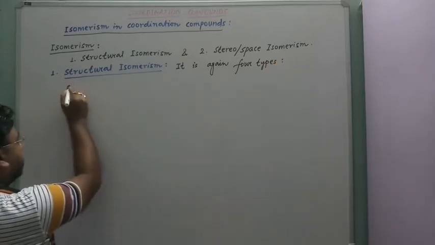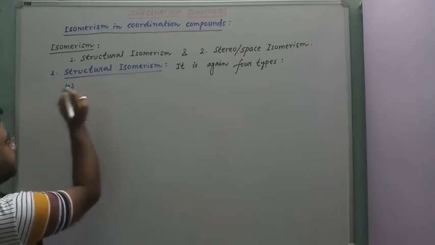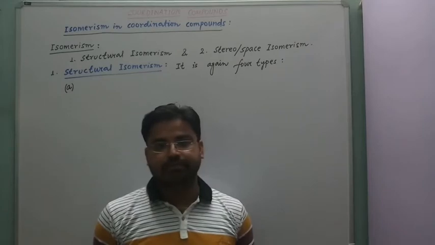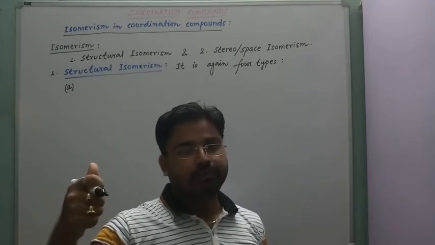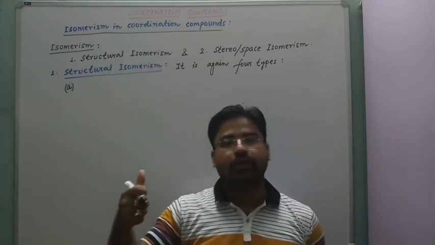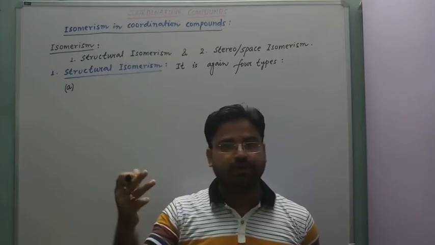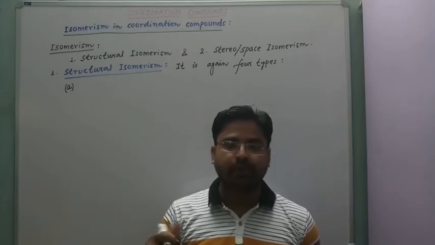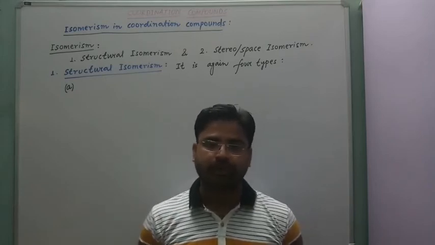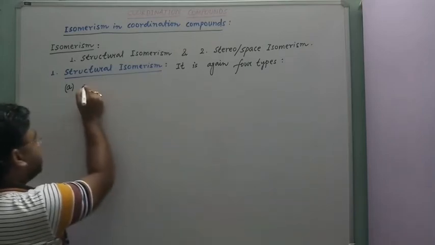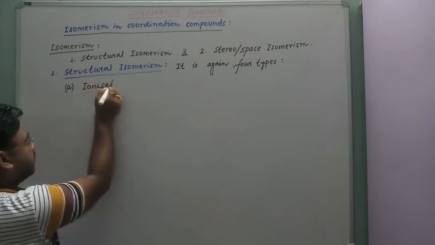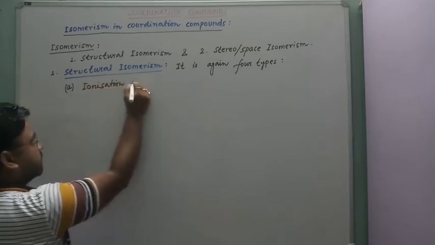Number one, ionization isomerism. Number two, solvate or hydrate isomerism. Number three, linkage isomerism. And number four, coordination isomerism. So at first, ionization isomerism.